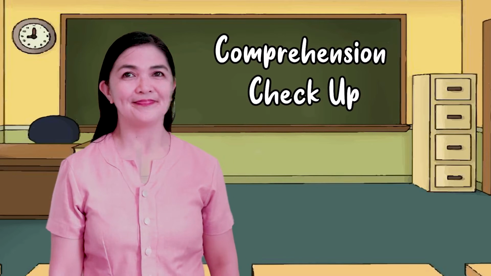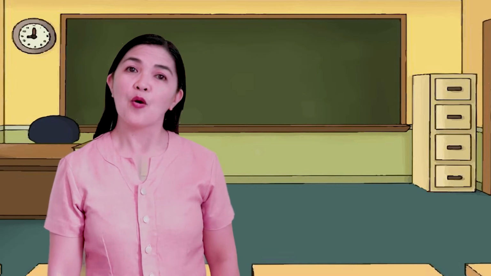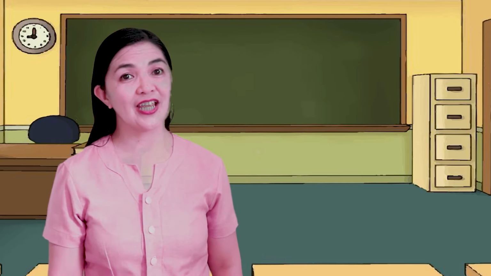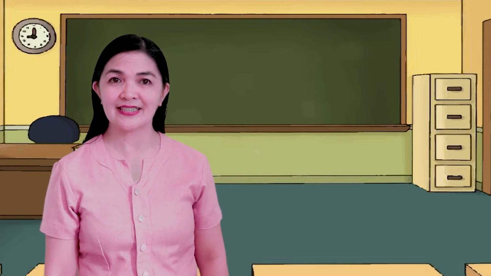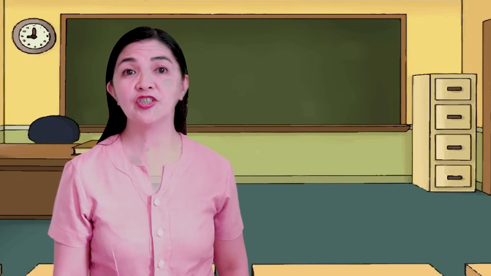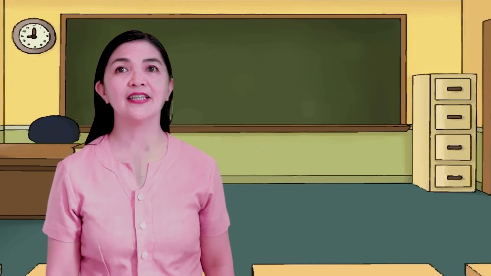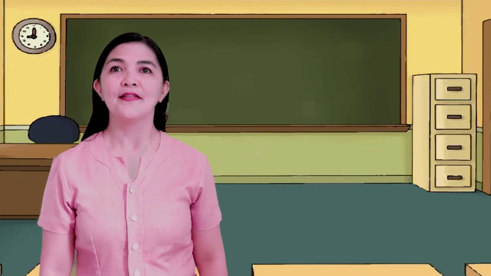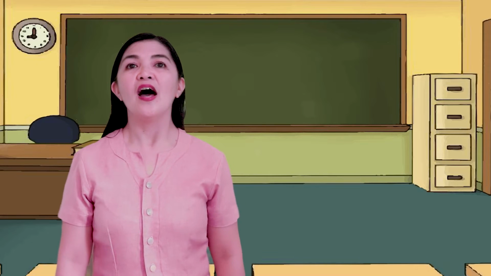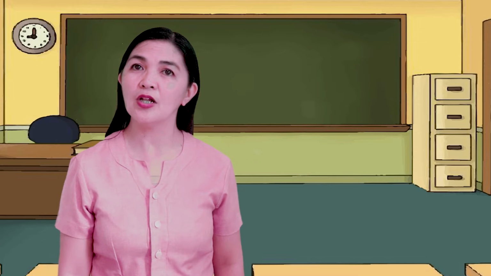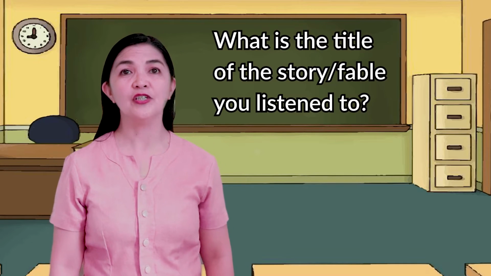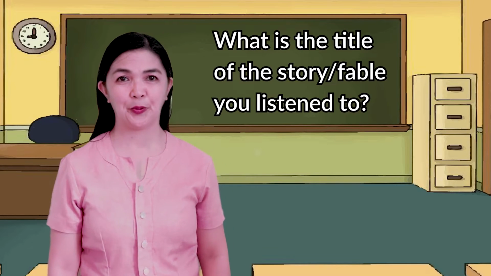Comprehension checkup. Keep in mind that WH questions are used to get the important details. Now read the questions below and give your best to answer each item. Example: What is the title of the story or fable you listened to?